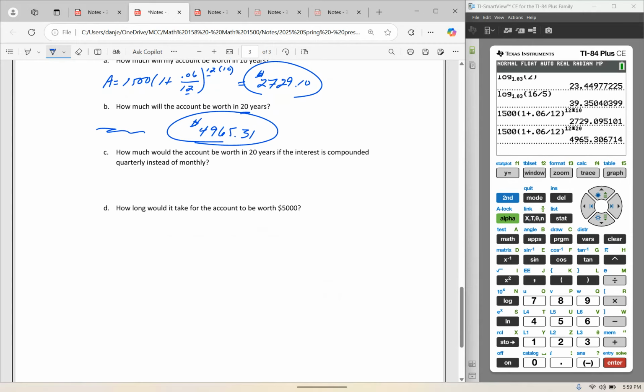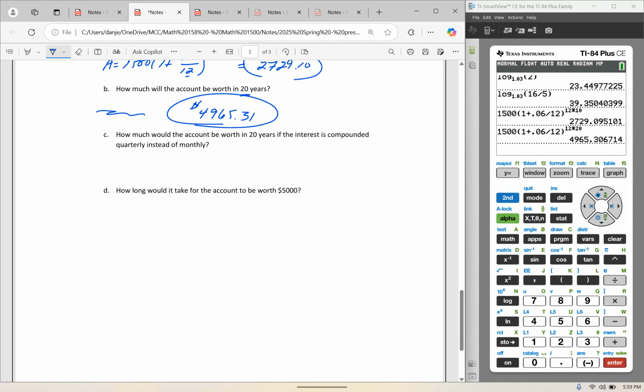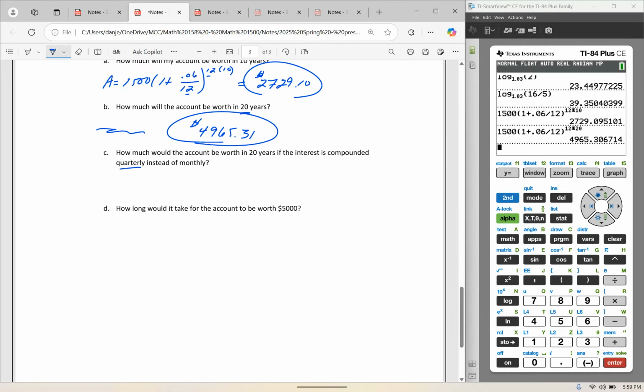How much will my account be worth in 20 years if the interest is compounded quarterly instead of monthly? Well, the only difference there is that my amount is going to be the original $1,500, and instead of getting 6% divided into 12 pieces throughout the year, it's going to be divided into 4 quarters. I get 1/4 of the interest each quarter rather than 1/12 each month.